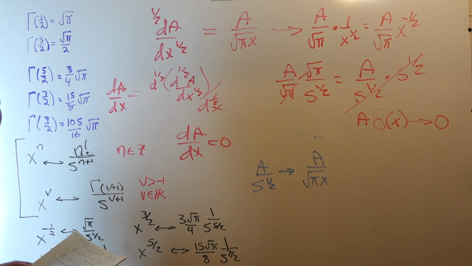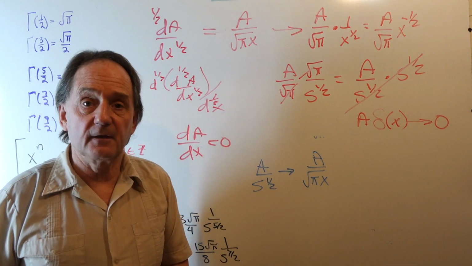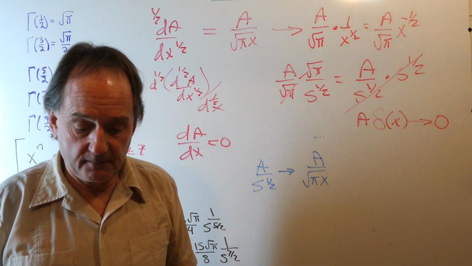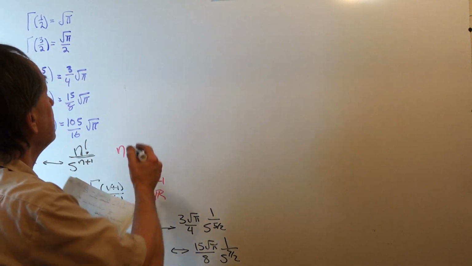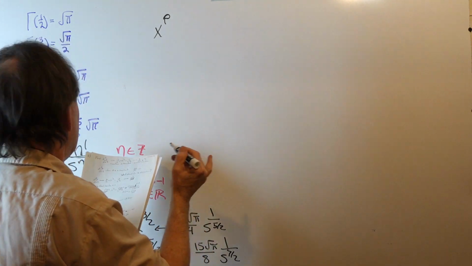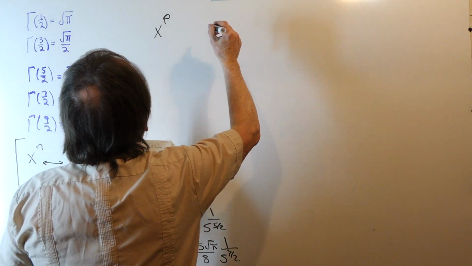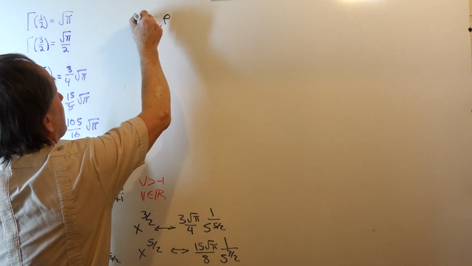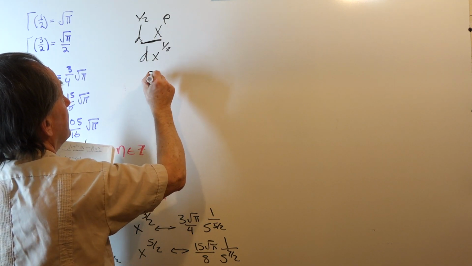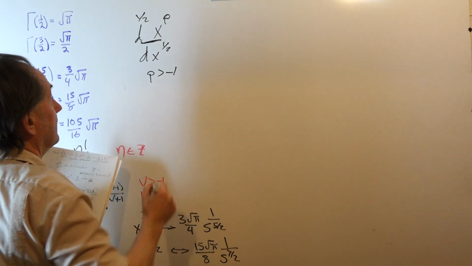Now, let's look at a few other functions, and then we'll look at integration in the Laplace space with fractional integration. Now, let's look at taking the 1/2 derivative of x to the p, where p is any real number greater than minus 1.